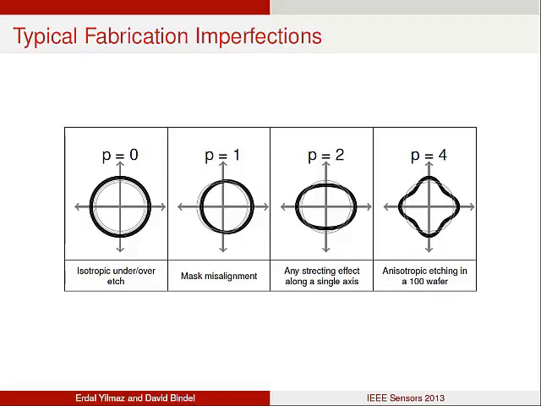But after looking at the typical fabrication imperfections, we don't really see a perturbation like p equals 6, which would have split the m equals 3 mode linearly at first order. But we do see p equals 4, p equals 2, and p equals 1 type modes more often. As a result, the m equals 2 mode is more sensitive to the fabrication imperfections for the miniature versions of these solid wave gyros.